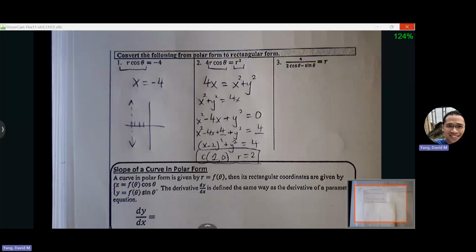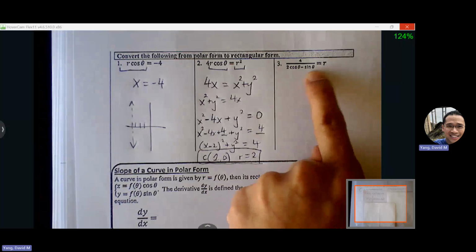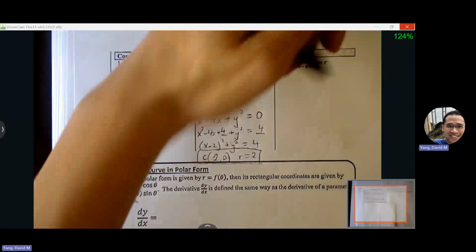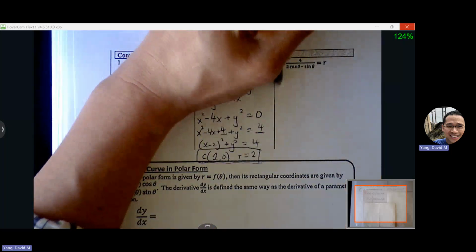Number 3, 4 over 2 cosine theta minus sine theta. Not as easy maybe to interpret what is going on, but what if we just cross multiply it here? We can get something to maybe show up.